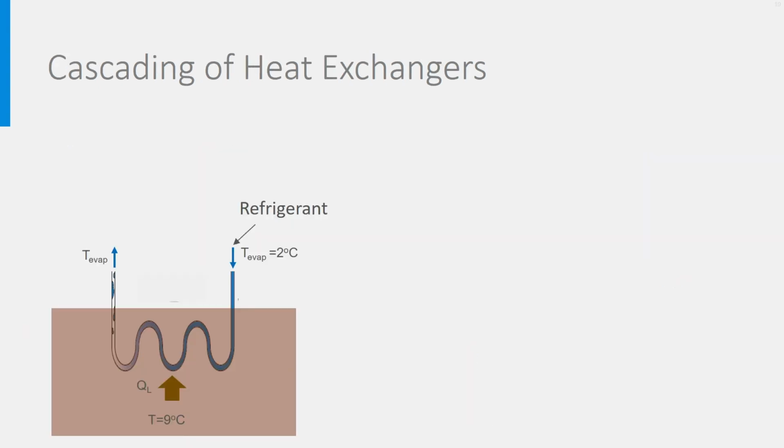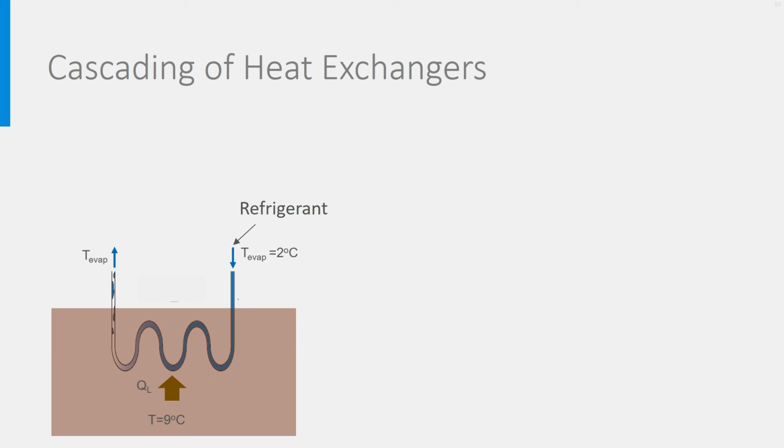It happens quite often that a heat source cannot be used directly and that an additional heat exchanger is needed. For instance, in a ground source heat pump, you would like to have the refrigerant circulating in the evaporator of the heat pump to take directly its heat from the ground at 9 degrees Celsius, allowing evaporation at 2 degrees Celsius in this example. But this is not wise, because if the refrigerant is leaking, it would contaminate the soil.